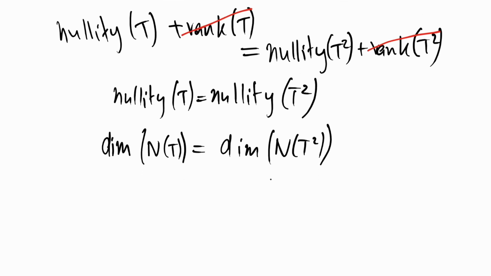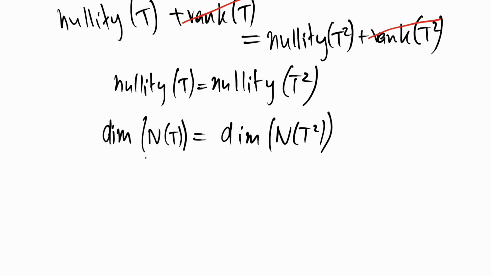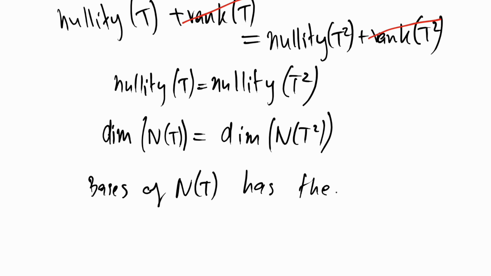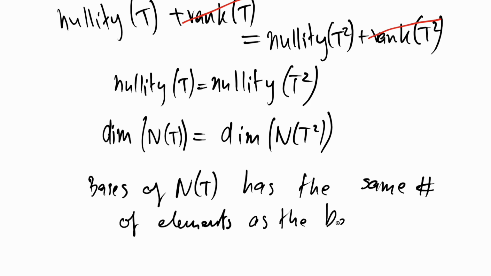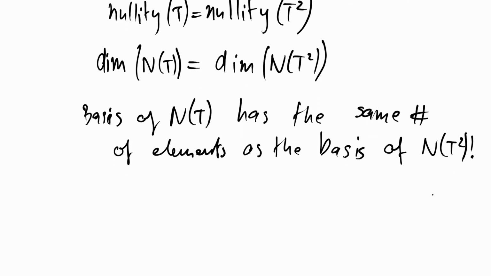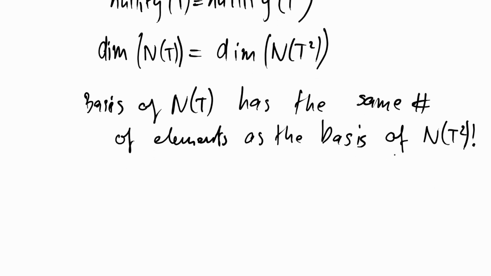Well, it simply means that the basis of NT has the same number of elements as the basis of NT2. And we're going to use this to show that NT2 is a subset of NT.